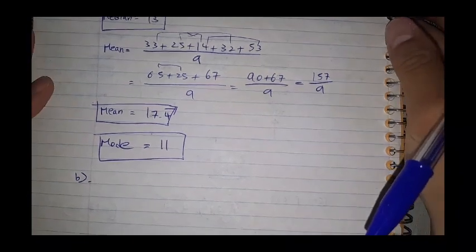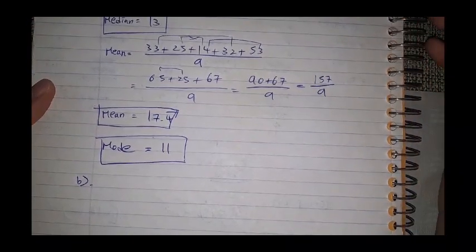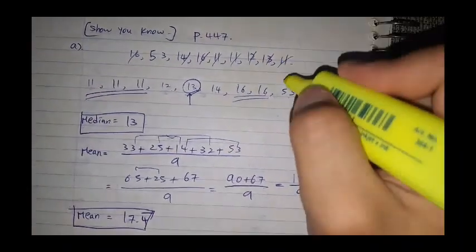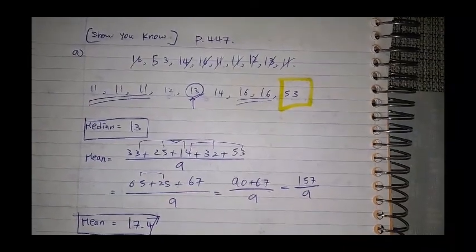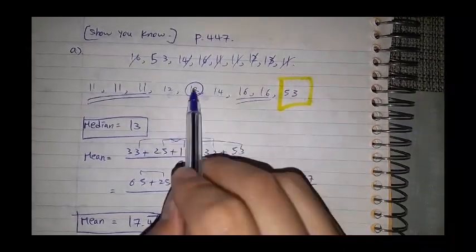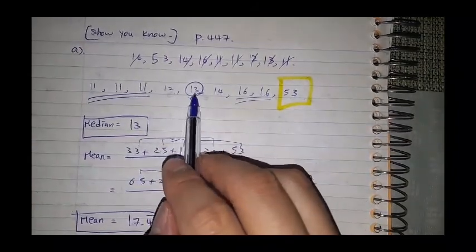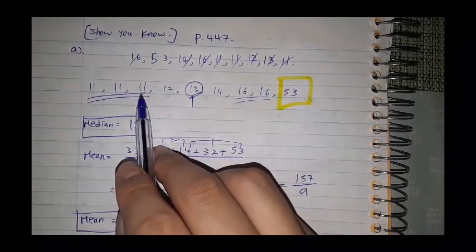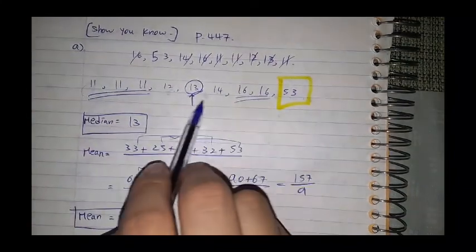Now here's the thing. If you look at the setup, there is a huge problem. The problem lies in our last value, 53. Because that value is really huge compared to any of those values. Even compared to the middle value over here, 12 is 1 away, 14 is 1 away, 11, yeah, it's debatable, 2 away, 16, 3 away, but they are relatively close together.